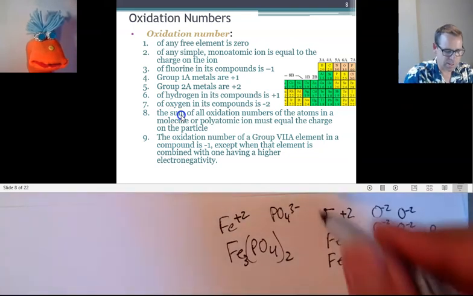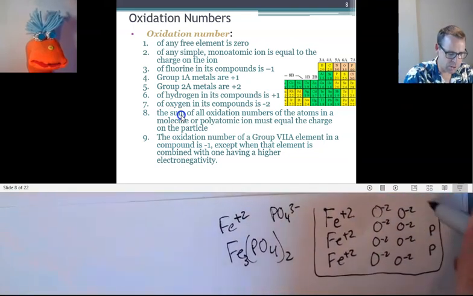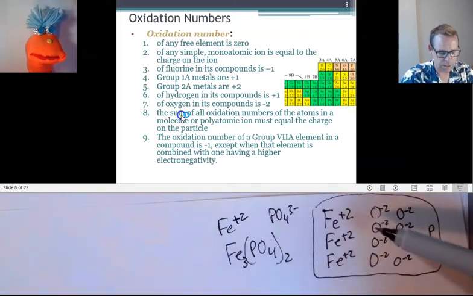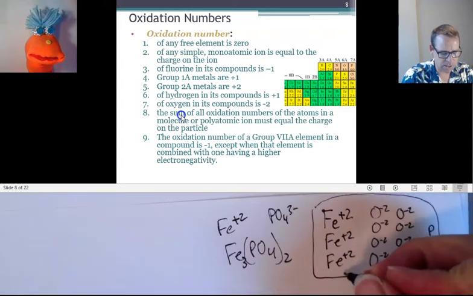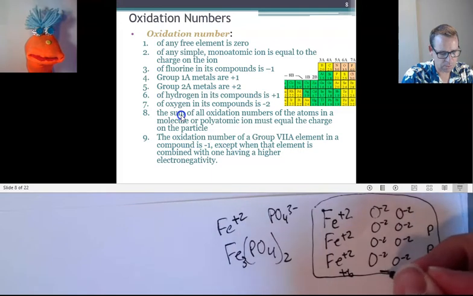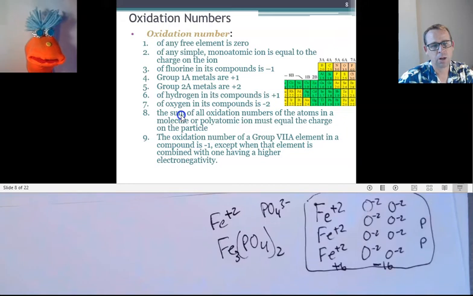All right? So the sum of all these oxidation numbers has to add up to 0. Let's see. If I have 1, 2, 3, a +6 from my irons, and a -2 times 8, -16, from my oxygens. Okay?